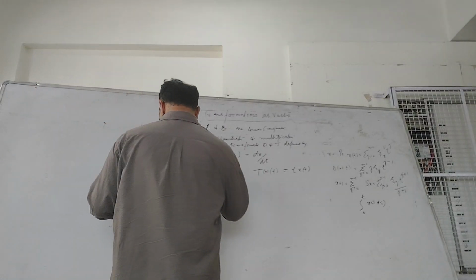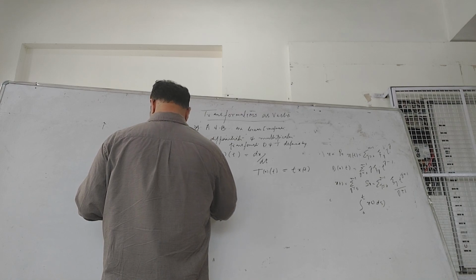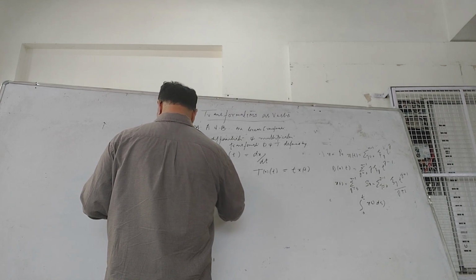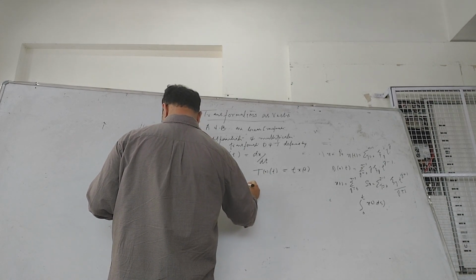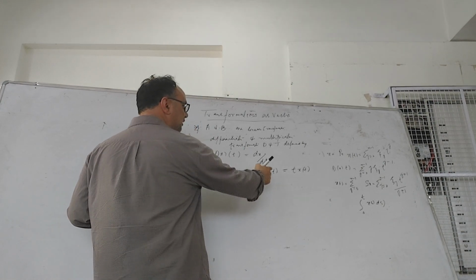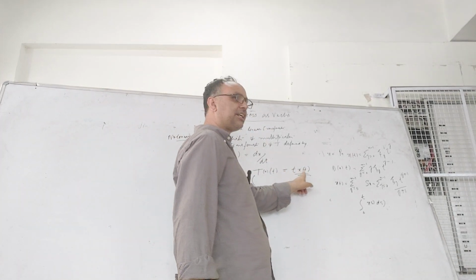For example, D of t into x of t. This is the operator operating on this function. So this is not a vector, this is x of t.